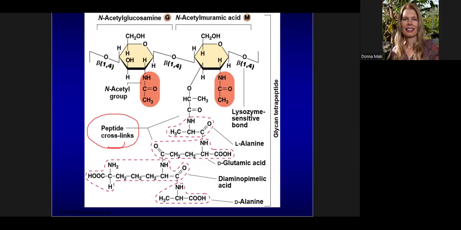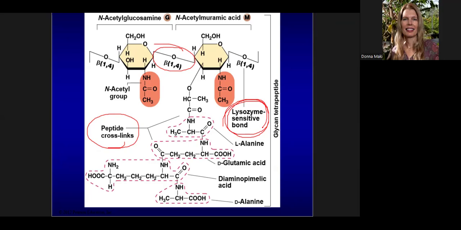So the NAG and NAM, they're showing this beta-1,4 linkage. And then they're saying a beta-1,4 linkage is lysozyme sensitive. So the reason they're pointing that out is that a lot of microbes that coexist with us have that beta-1,4, and we have lysozyme, that enzyme.